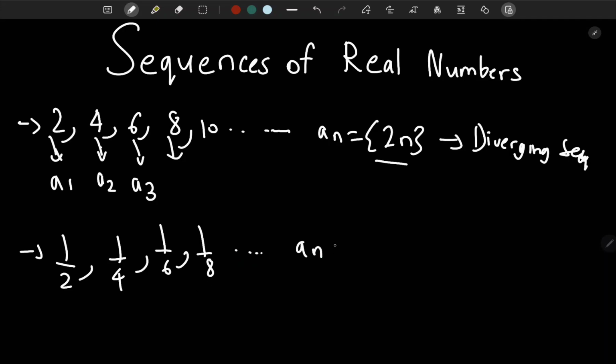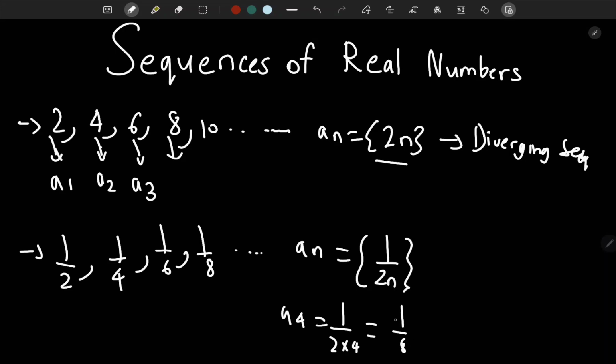The sequence can be denoted by a of n, the nth term, is equal to simply 1 over 2n, right? Let's say if you want to find a of 4, which is 1 over 8 here, a of 4 is equal to 1 over 2 multiplied by 4, which is 1 over 8. So that's there.